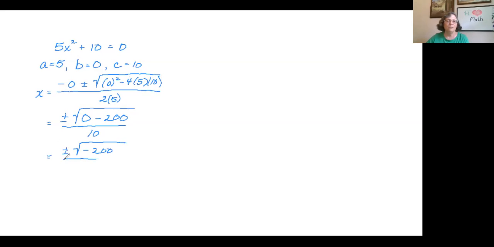The quadratic formula doesn't care. You could have a negative under your radical, as long as it's nothing we have to graph, in which case we just say, well, that's not something we can graph. This negative will come out as an i.